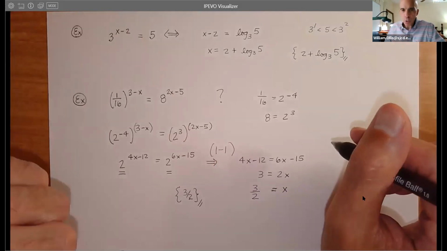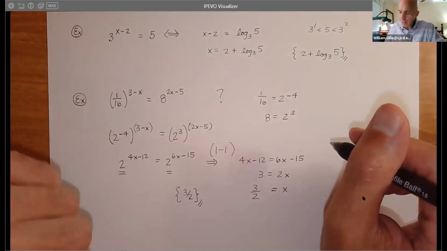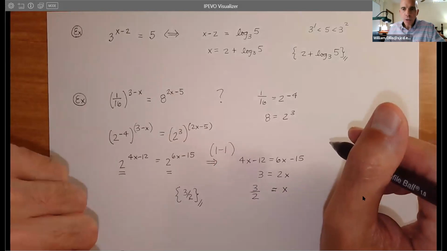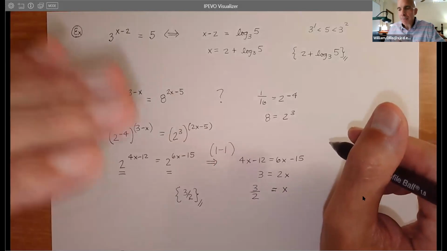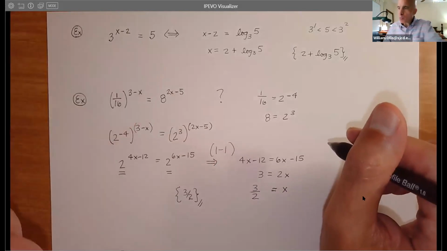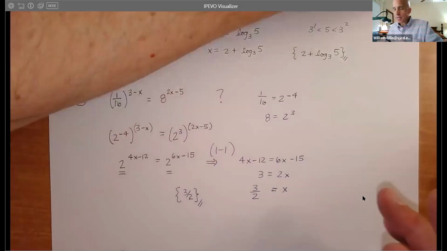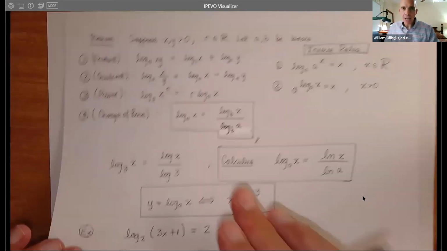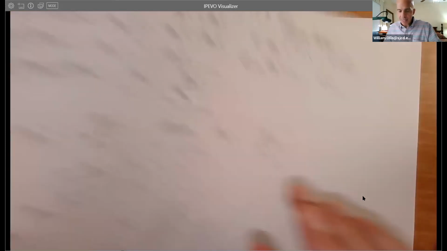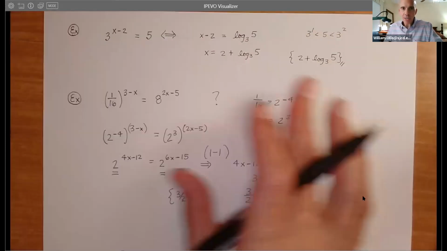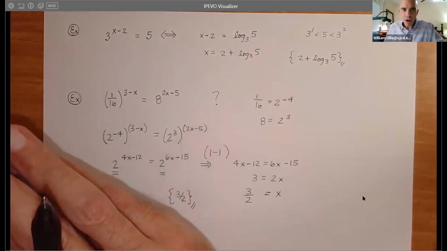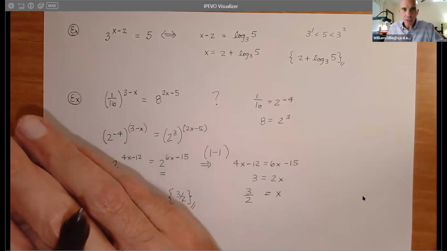And I think you'll enjoy this. So get that completed, and then start working on the logs. And then on Thursday, we'll talk about more ideas with the identities here, and then solve some more elaborate equations that will take these ideas to a higher level that will allow us to solve more, like I say, complicated equations.